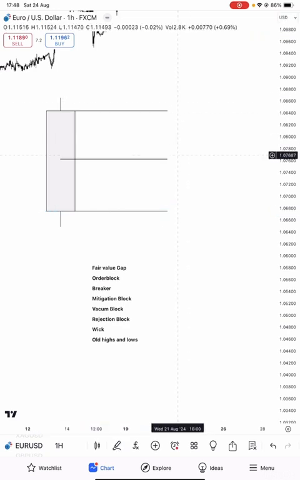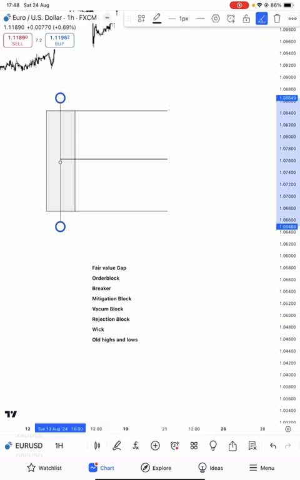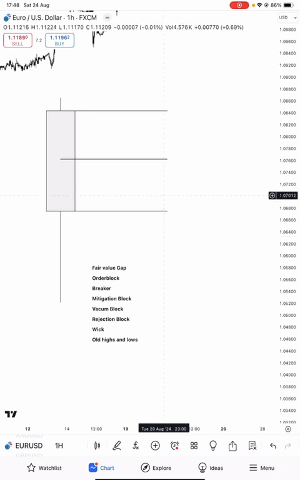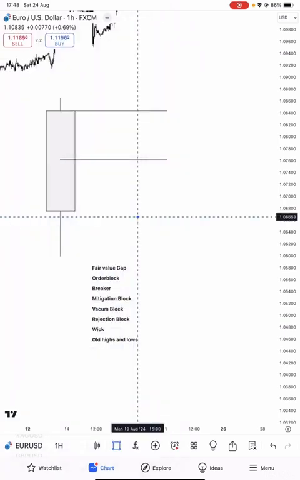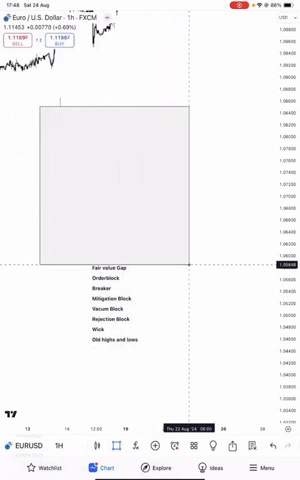And the rejection block, only if price can wick through, the rejection block, only if there is a longer wick below.